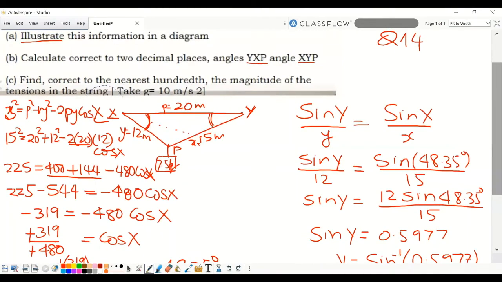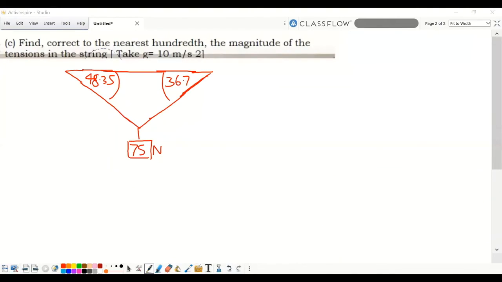Find C bar, find correct to the nearest hundredth the magnitude of the tension in the strings. So I have to put it in the screen and I will draw this again somewhere else. Alright. So I'll redraw this with angles only, and now the mass also changed to 75 Newton because they said G is 10 meters per second square, and we know the weight is mg.